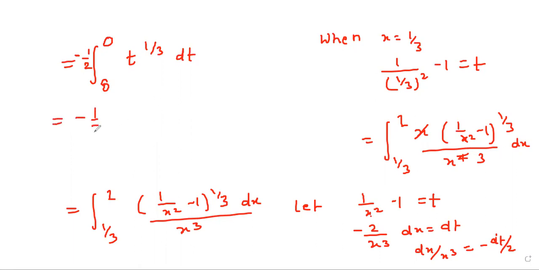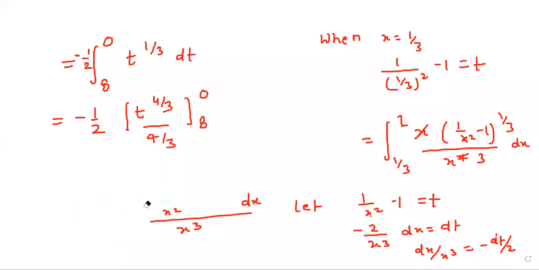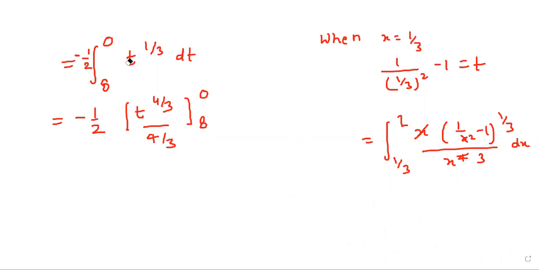Now minus 1 by 2, this will become t power 4 by 3 divided by 4 by 3, limits 8 to 0. So it will become minus 1 by 2 multiplied by 3 by 4 times t power 4 by 3, limits 8 to 0. When we put 0, we will get 0.